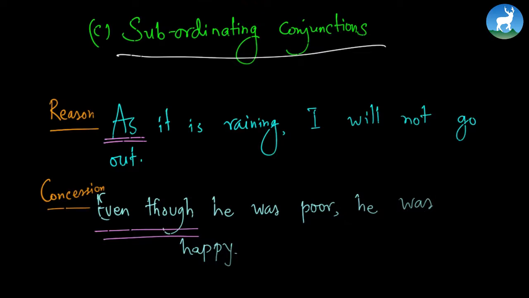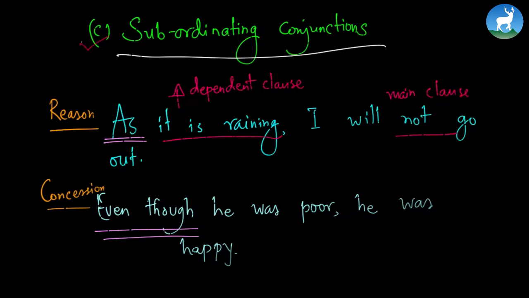Alright? Something that you should notice is that, as it is raining, this is what we call a dependent clause, while I will not go out is what we call the main clause. And why is it called main clause? Because it makes a lot of sense, because it is complete. There's a subject and there's a verb and the sentence is complete, while the dependent clause is not complete.